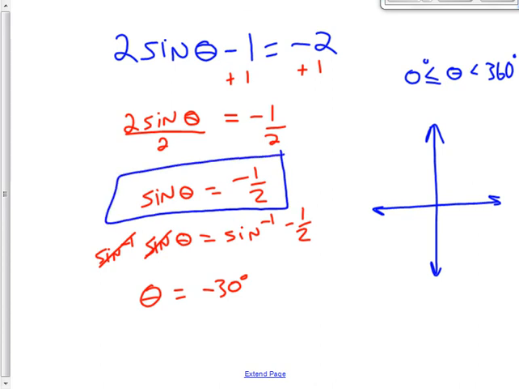The place that the sine is negative is down here where the y value is negative. So I end up with 2 triangles down here. I get a reference angle of 30 degrees here, and this one is 30 degrees here.